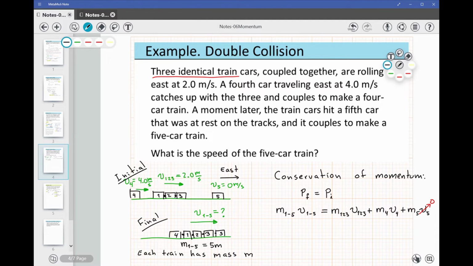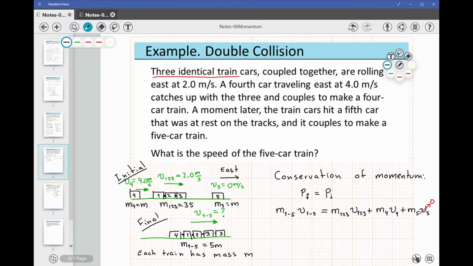The mass of trains 1, 2, and 3 will be 3 times m. The mass of train 5 will be simply m, and the mass of train 4 is m.